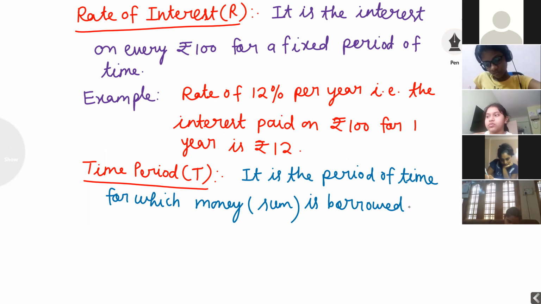Now we are coming to our formula. Simple interest is equal to principal into rate into time divided by 100.